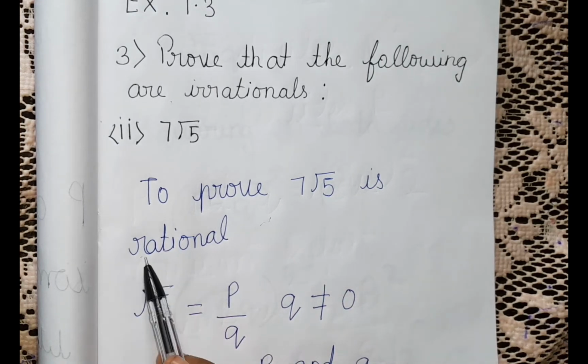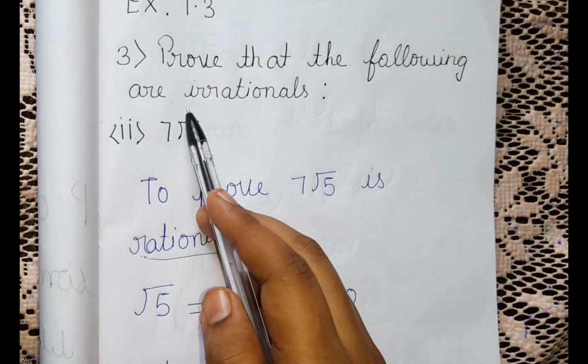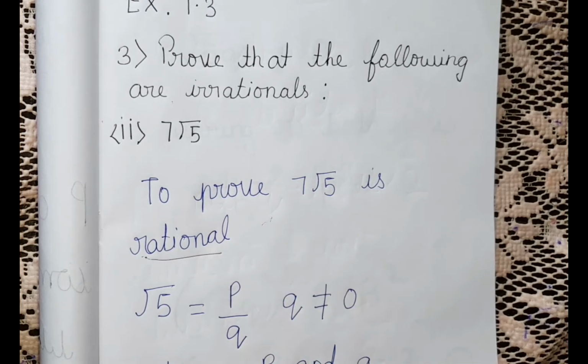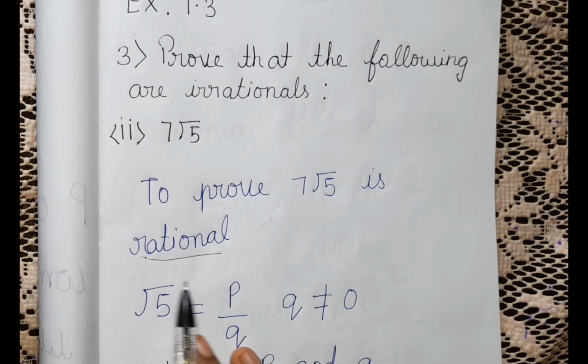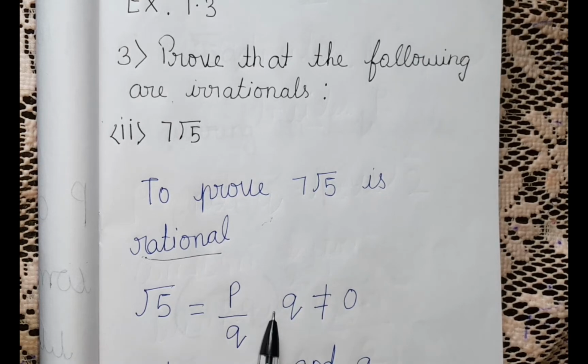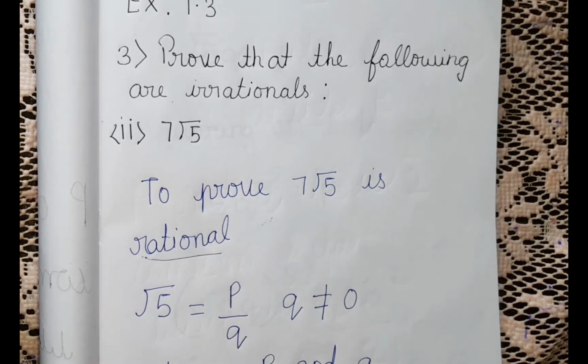Why did we write rational over here instead of irrational? That's because if we write rational, we get that form, that is p by q. Otherwise we won't get it. Why? Because rational numbers are always in the form p by q, where q is not equal to 0. So in order to get this p by q, by using this p by q only, we proved whether 7 root 5 is rational or irrational.